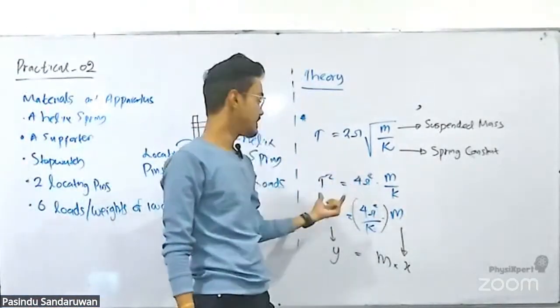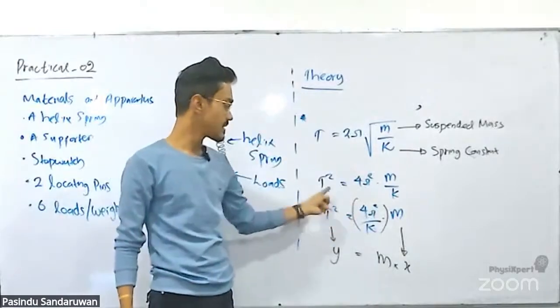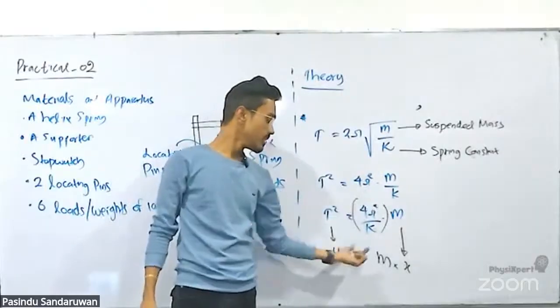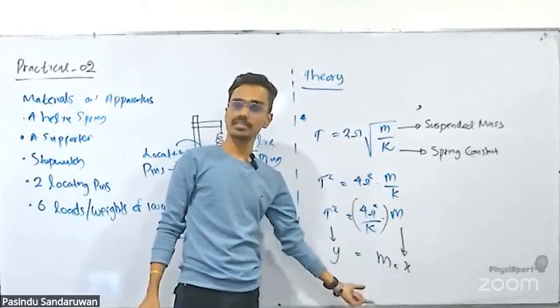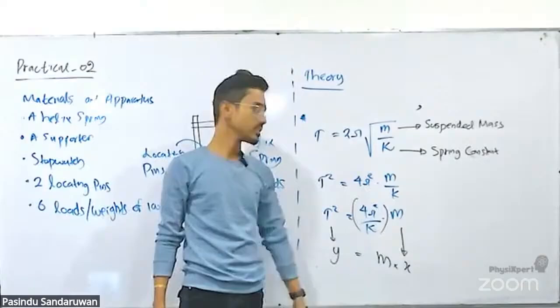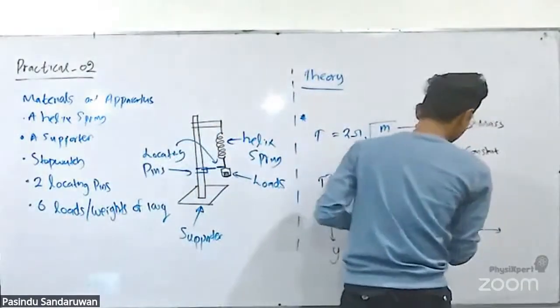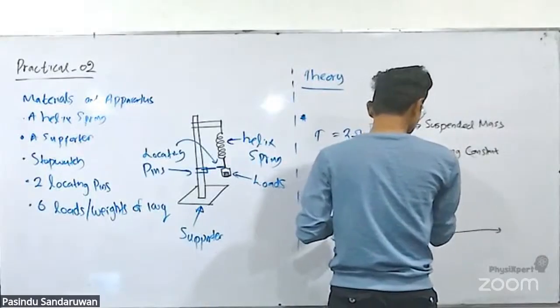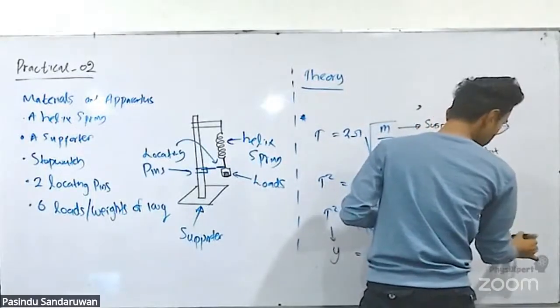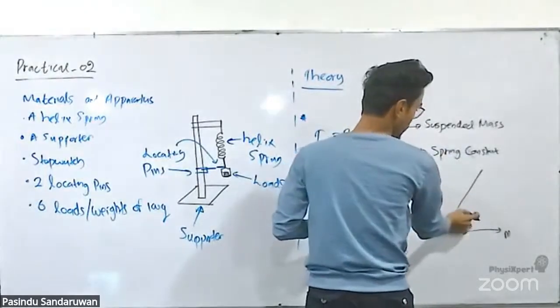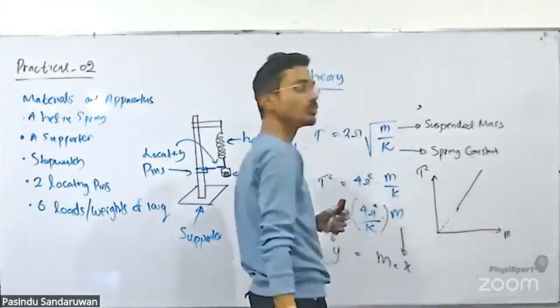If this relationship between T squared and m is correct, theoretically you should get a straight line which goes through the origin, y equals mx. Therefore, now you have to plot the graph between T squared and m and check whether this graph goes through the origin.